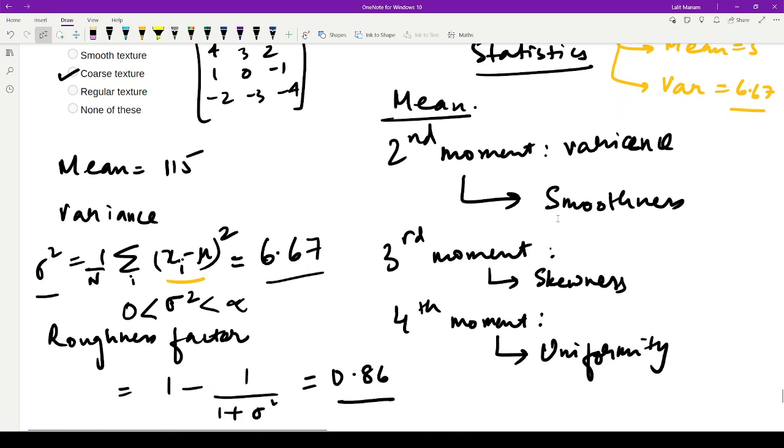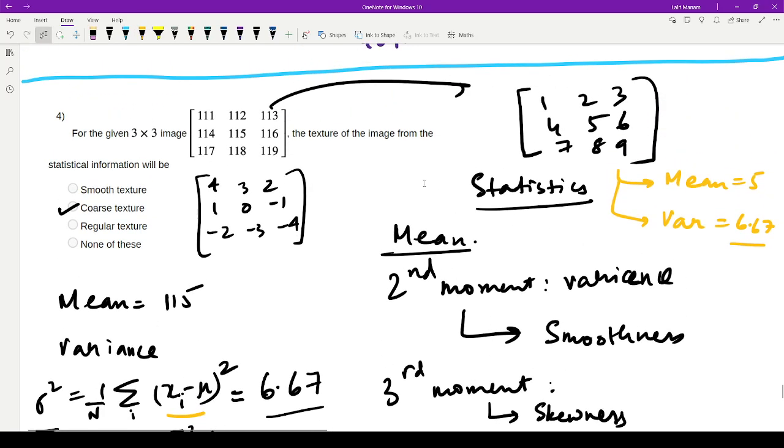Someone also pointed out that the fourth moment is uniformity. Can anyone guess which one is more uniform than the other? I'm giving you these two options.